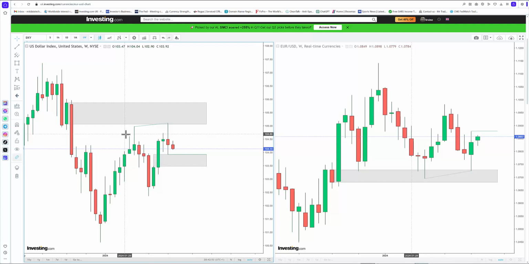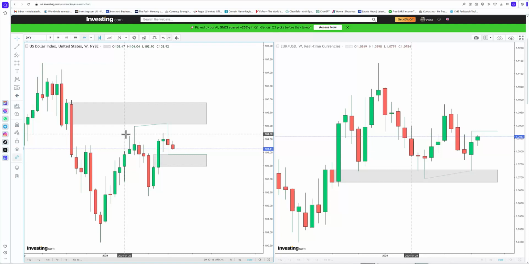I'm not saying CPI is gonna drop dollar. I'm not saying that. It could be the opposite, or by the time we reach CPI, price would have dropped already. You see, so knowing the fundamentals that are going to provide you with the displacement on dollar index or on Euro USD.